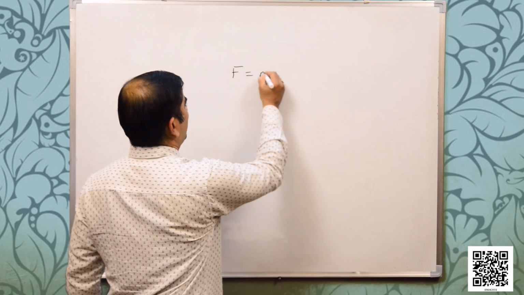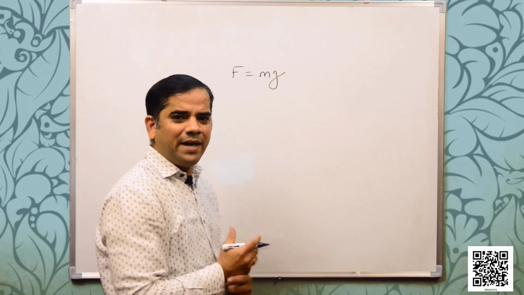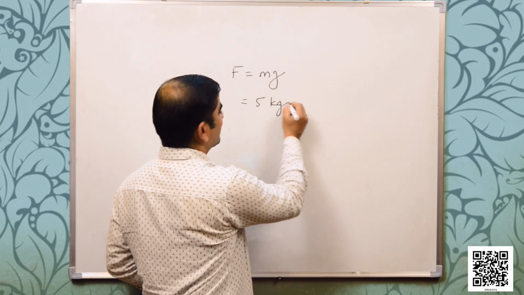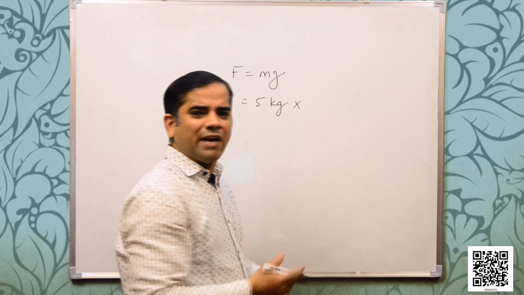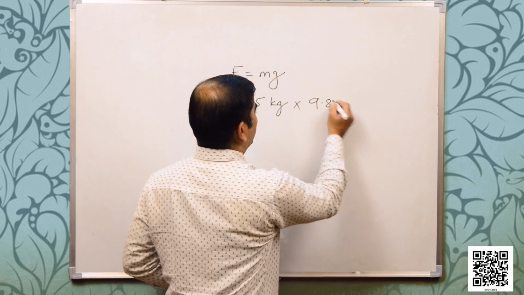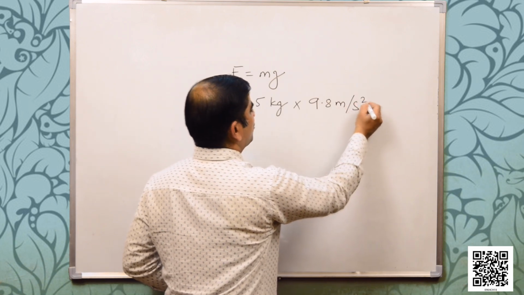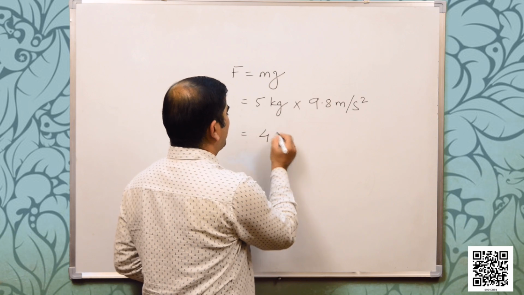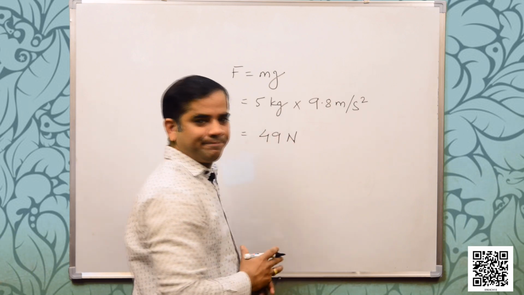F is equal to mg. Mass is given as 5 kg and acceleration due to gravity is 9.8 meter per second square. So, it comes to about 49 Newton.